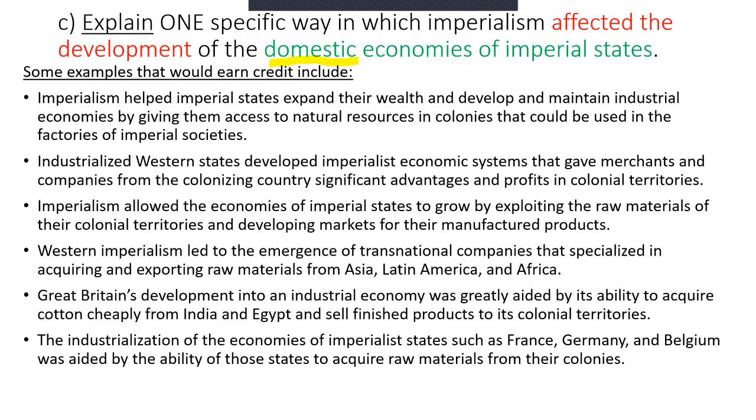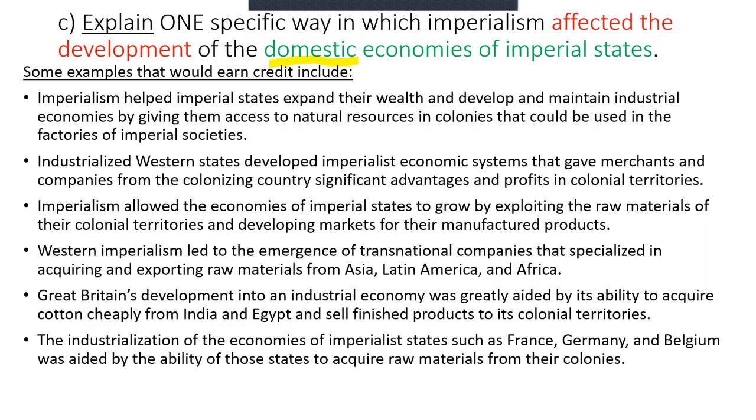Imperialism helped imperial states expand their wealth and develop and maintain industrial economies. I'm going to pause here. A number of you tried to make the claim that imperialism caused the Industrial Revolution. It's in the wrong order. Imperialism is an outgrowth of the Industrial Revolution.